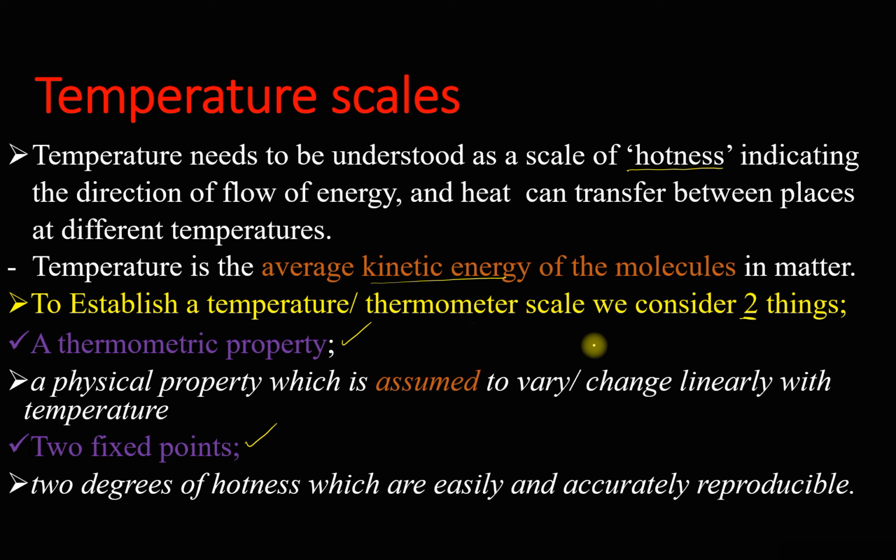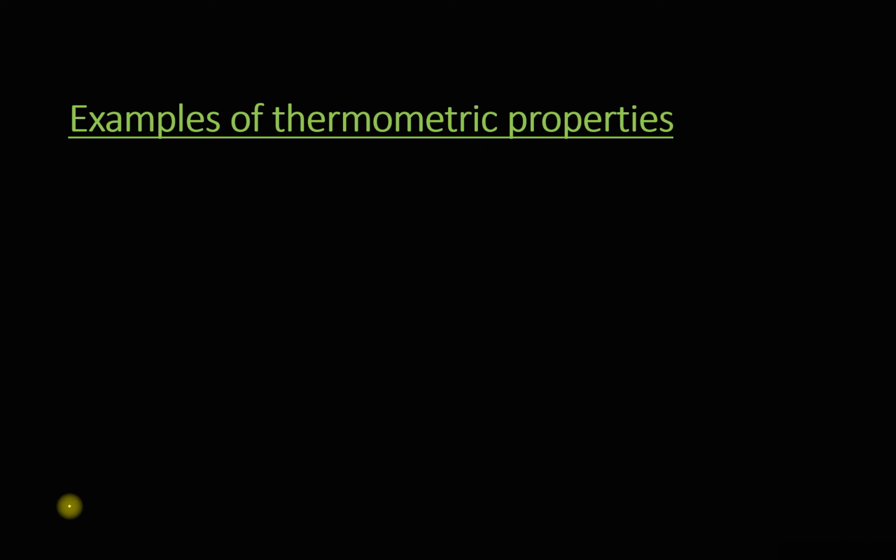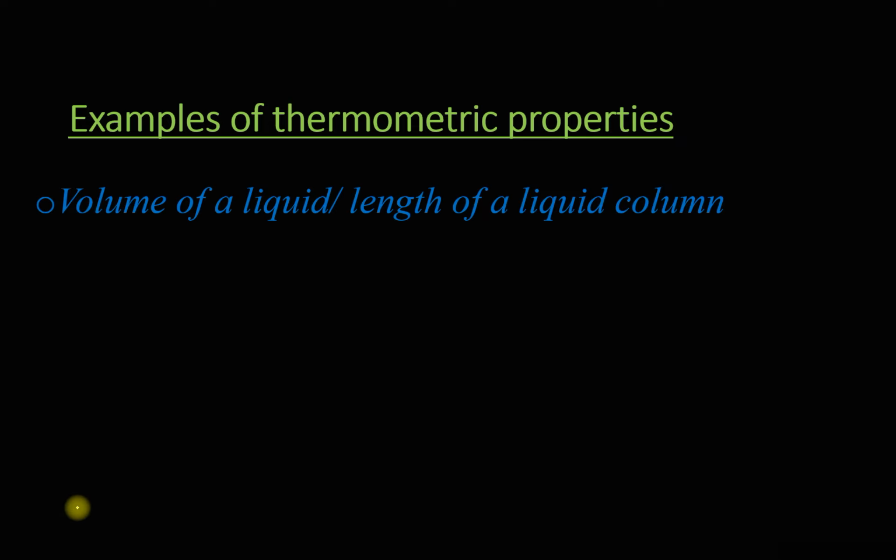What are these thermometric properties that we normally consider when establishing a temperature scale? So examples of thermometric properties, we have the volume of a liquid or the length of a liquid column. Most of the liquid in glass thermometers use this thermometric property that when you place a thermometer in a boiling liquid, the liquid column, which is mercury inside the thermometer, rises, which means the length of the liquid column rises because the mercury is expanding, its volume is increasing.